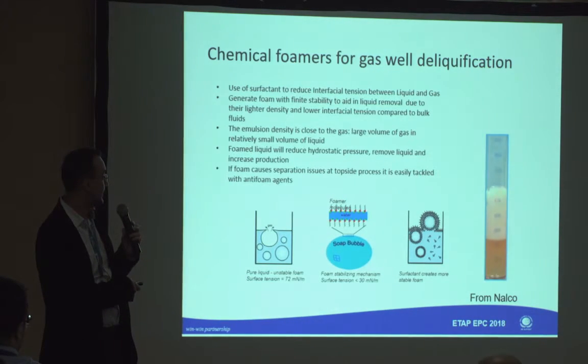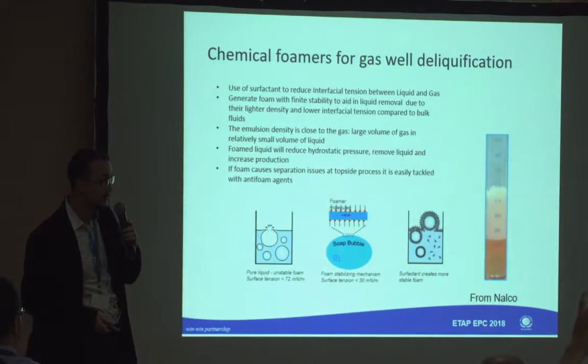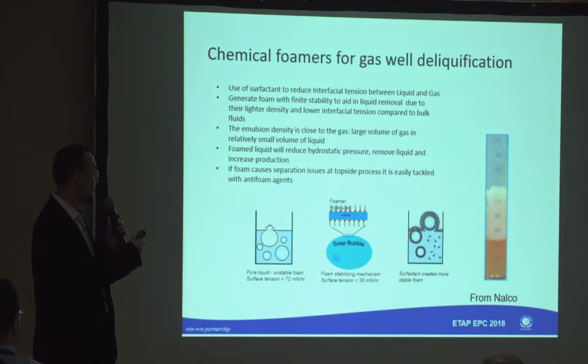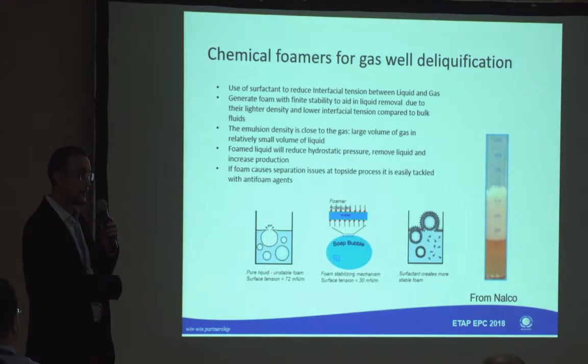And the foam has lower density, so the mixture of the gas and the liquid has lower density. Because of that, it's easier for the gas to carry the foam to the surface, and therefore carry the mixture of the water, liquid, and the gas. The foam density will be closer to the gas and therefore will be lighter.